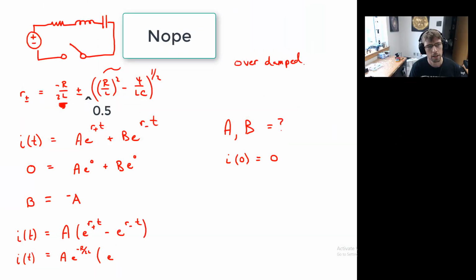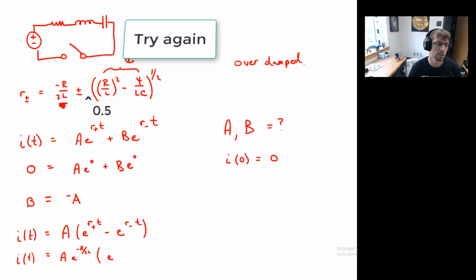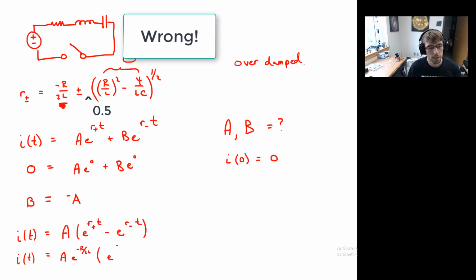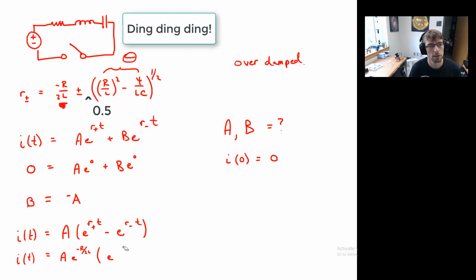C's bad. Let's call it theta. Oh, that's bad. Let's call it omega. Good gravy.